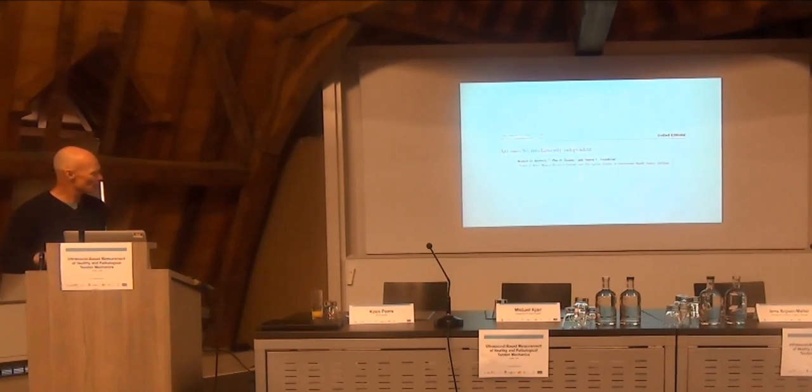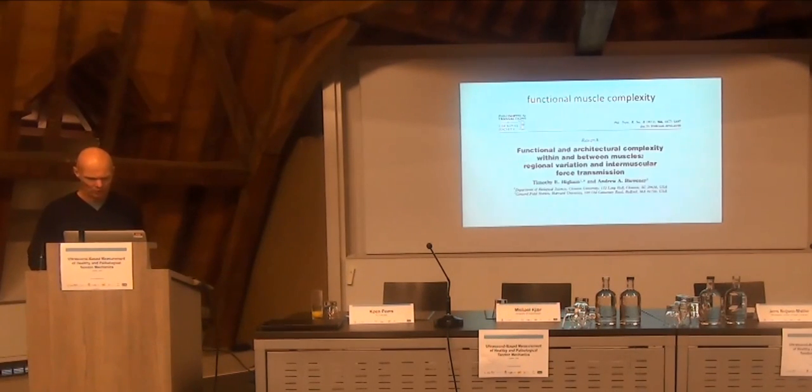It was an editorial some years ago in the Journal of Applied Physiology questioning if muscles are mechanically independent or if they have an interaction, you might say, a mechanical interaction. And there's another review I'd like to point to here, I think is excellent, also talking about function and architecture within and between muscles. That also came out, I've seen, 2011 was the time.